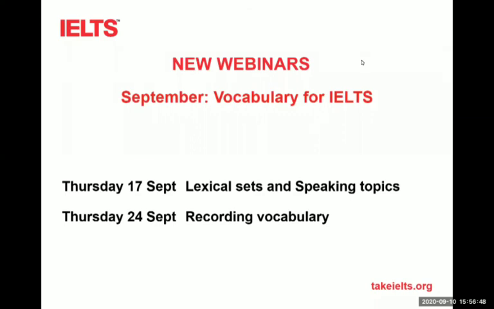So if the instruction says write one word, then you would write apple. If the article is already there for you, then you wouldn't repeat it. You would just use the noun on its own.